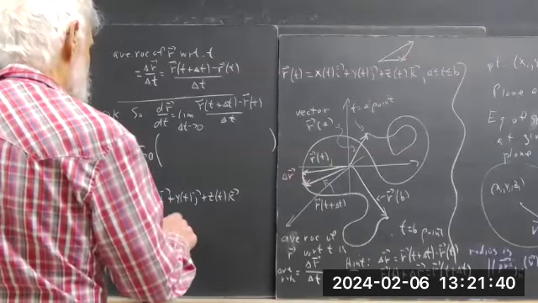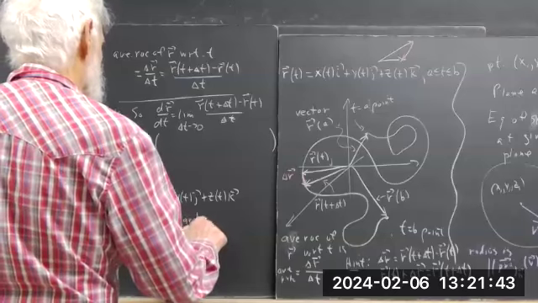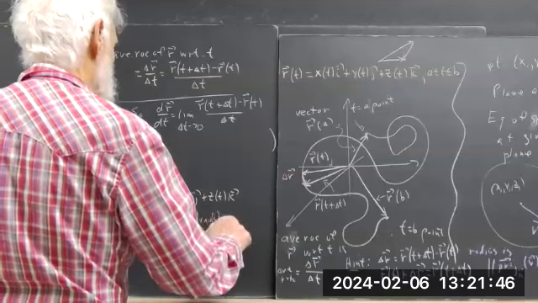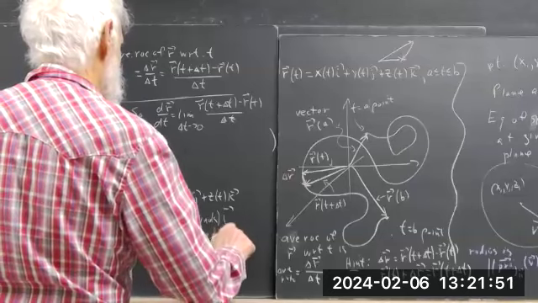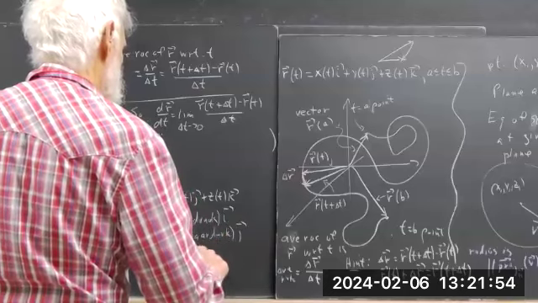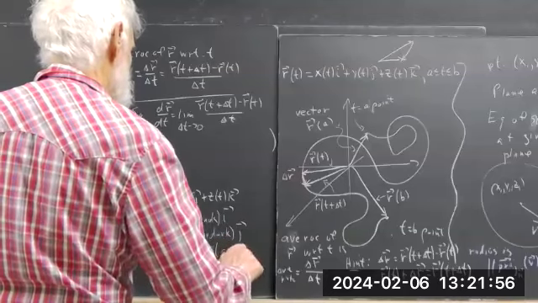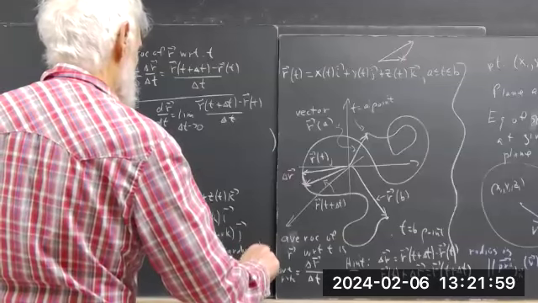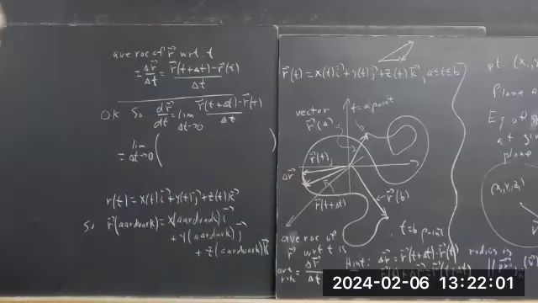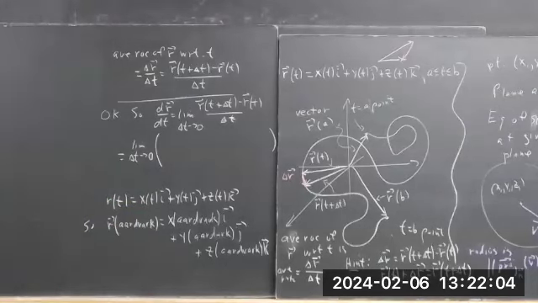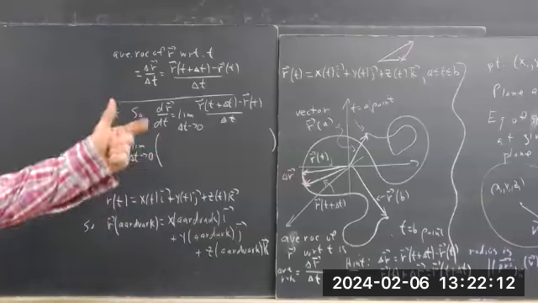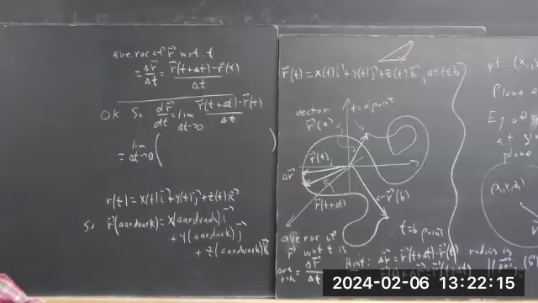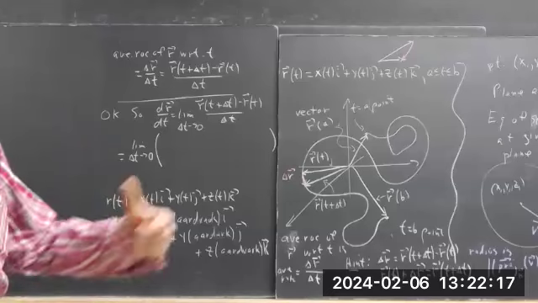So this is X of R bar i plus Y of R bar j plus Z of R bar k. If X of t is t squared, then what do you get here? What's X of R bar? If X of t is t squared, then X of R bar has to be R bar squared.